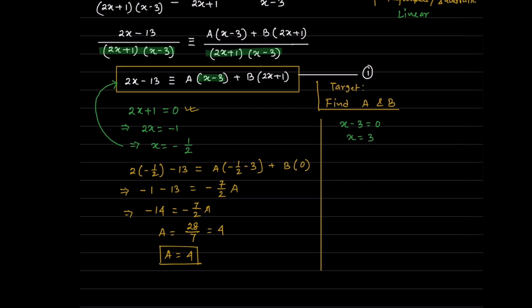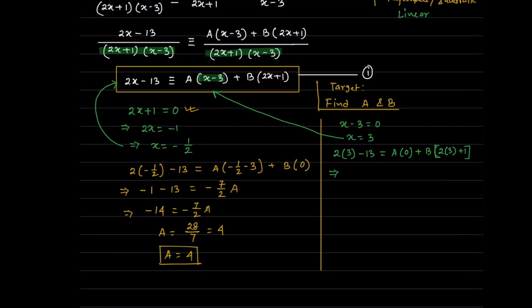And similarly, we can put this x value again in this main equation. So what we get here is 2 into 3 minus 13, now not the identical sign, now equals a into 0, that is x minus 3 equals 0, plus b into, we have 2 times 3 plus 1.